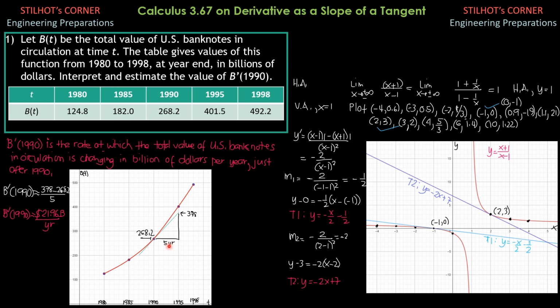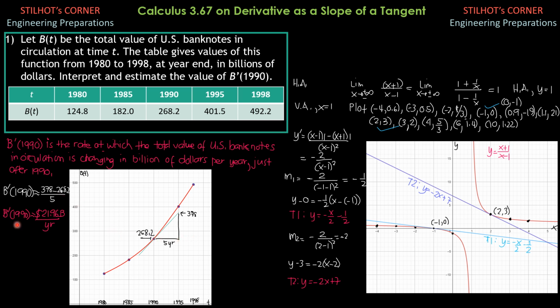So the interpretation of B prime 1990, which is this slope here, is the rate at which the total value of US banknotes in circulation is changing in billions of dollars per year just after 1990. And geometrically speaking, it is the slope of this tangent to the curve. The slope of the tangent to the curve specifically is my estimate of 378 minus 268.2, then divided by 5 years.